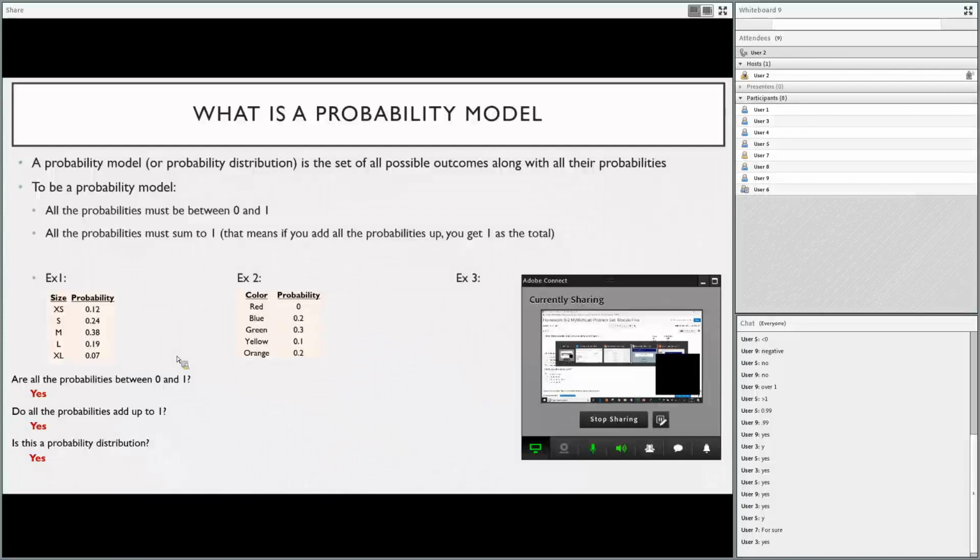Now I have some colors, maybe these are of candies or something, and I have a probability associated with each color that occurs. I want to know if this is a probability model. So I ask myself first, are all the probabilities between 0 and 1? Yes, they are. Do all the probabilities add up to 1?